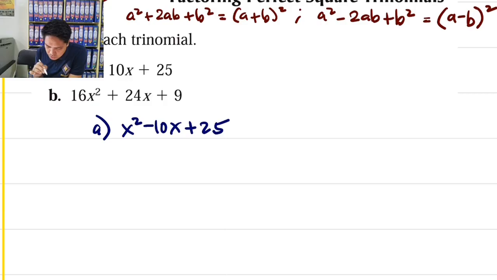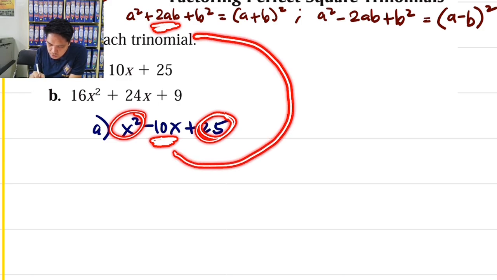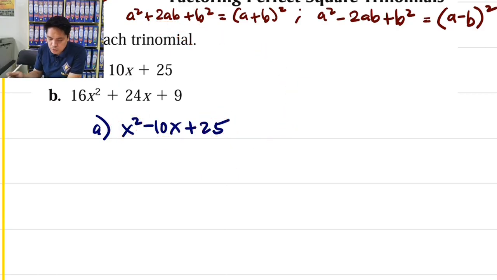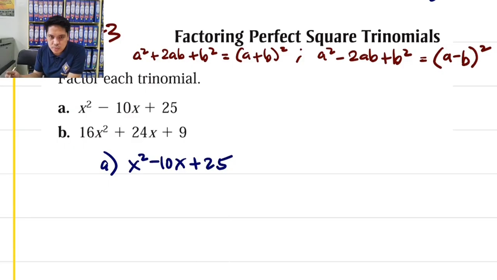If we test the first and the last term against the middle term, and it corresponds to this form, then it is a perfect square trinomial.